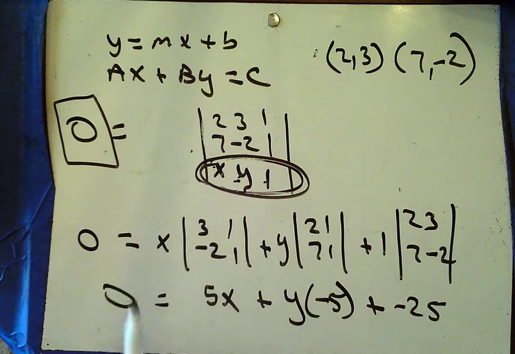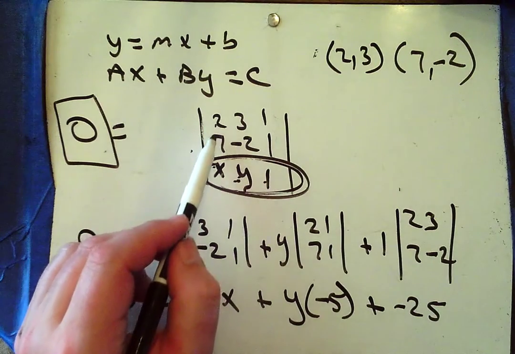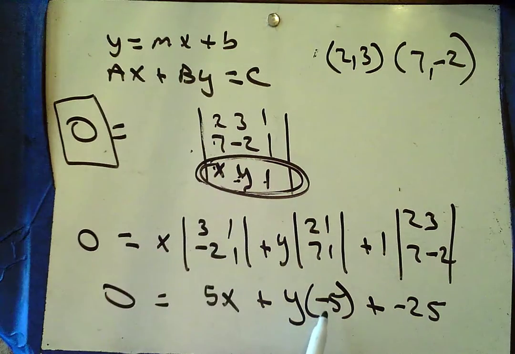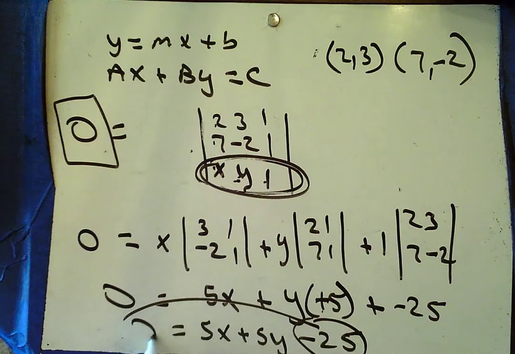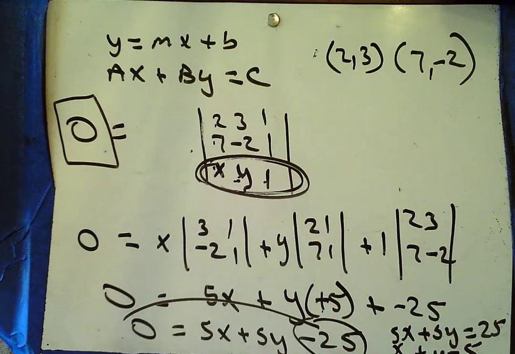Don't forget the cofactor fabric, plus, minus, plus, minus. I have to multiply this by negative, and so I get 5x plus 5y minus 25. If I move this to the other side of the equal sign, I get 5x plus 5y equals 25, and that's in standard form, or x plus y equals 5. And I can write the equation of that line pretty darn quick.